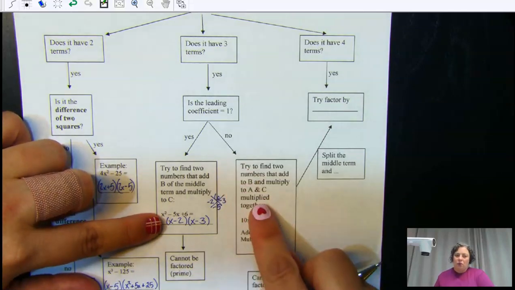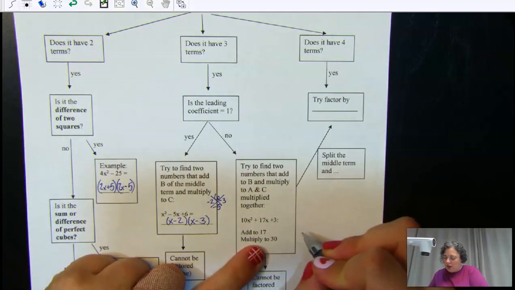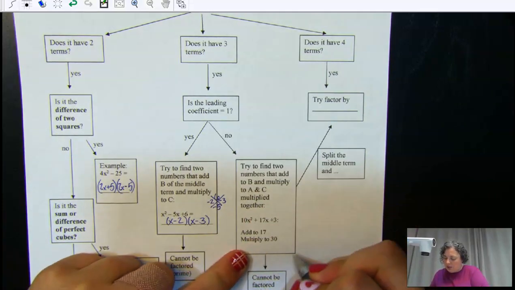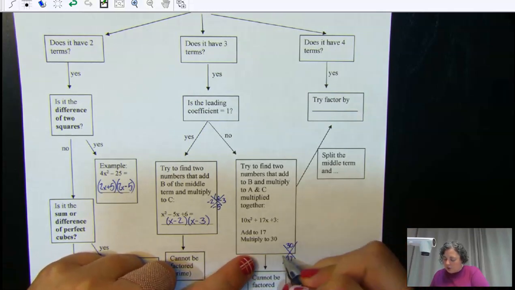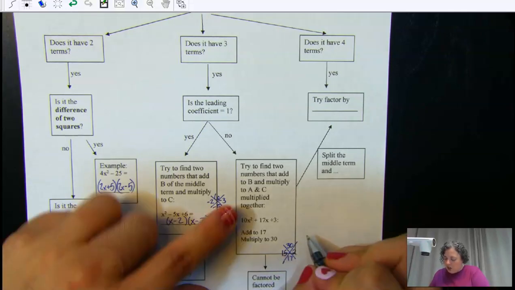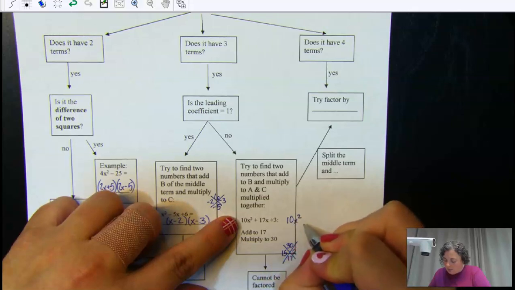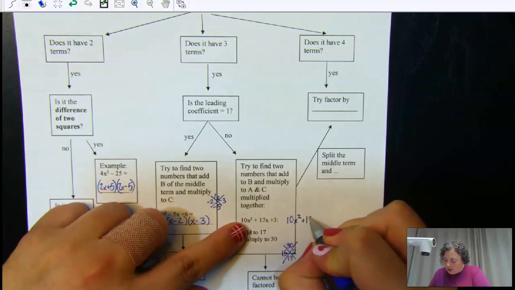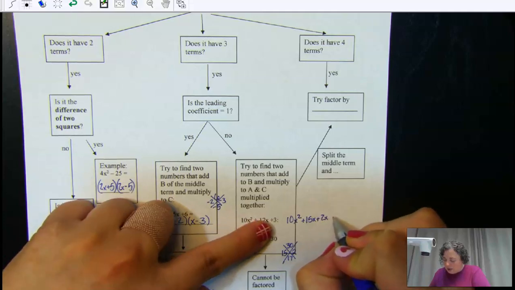On this side, we're going to try and find 2 numbers that multiply to 30 and add up to 17. And so 15 and 2 will fit that criteria. So I'm going to have 10x squared plus 15x plus 2x and then plus 3.